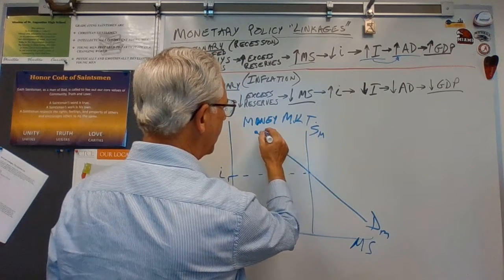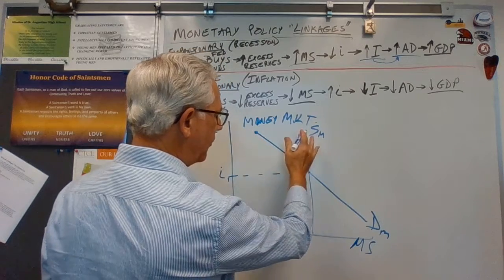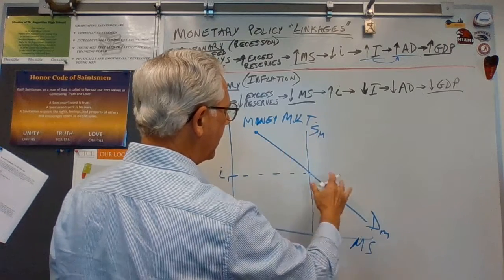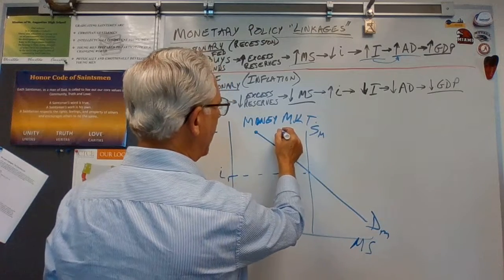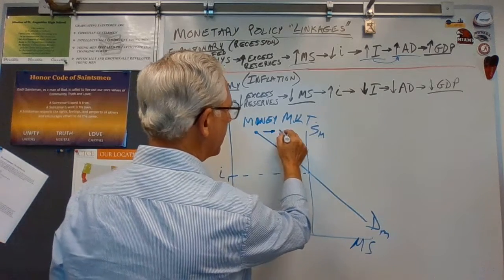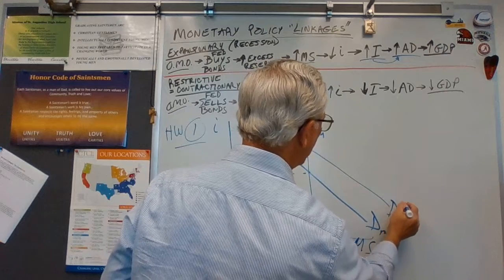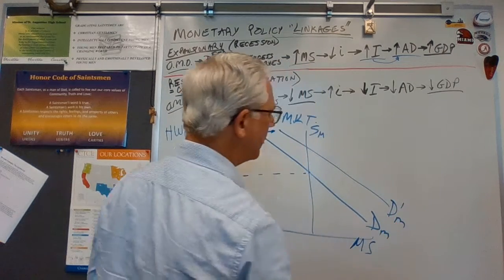Suddenly, for some reason, maybe the transactions demand shifts to the right, maybe the asset demand becomes a little flatter. Let's say the transactions demand shifts to the right, and we get a new D prime demand for money.